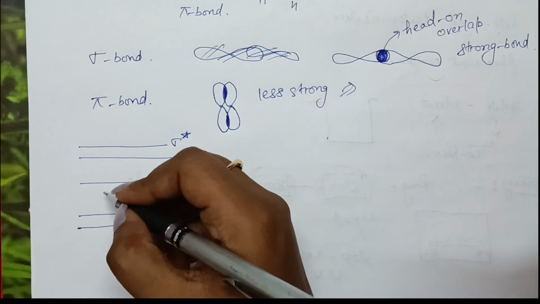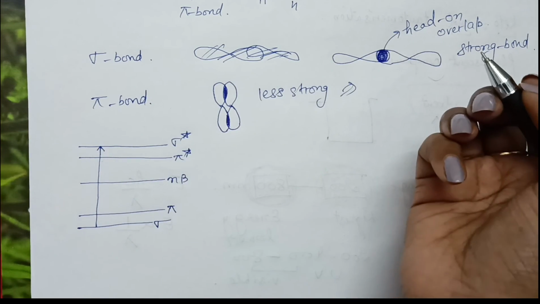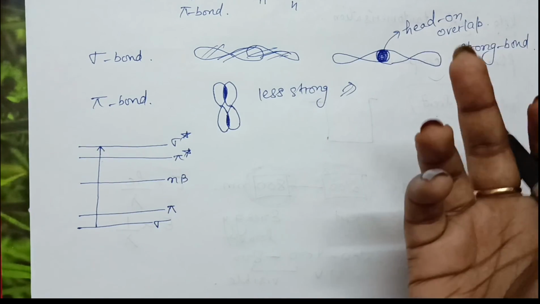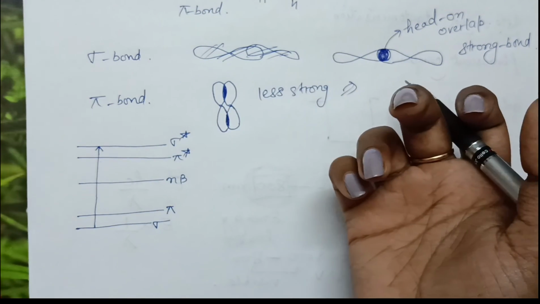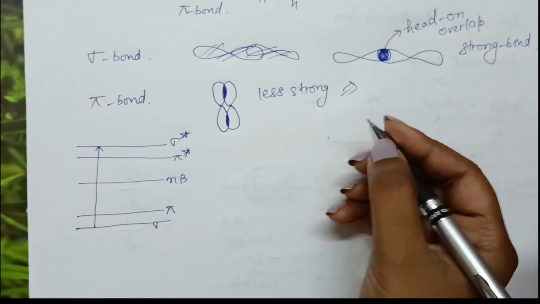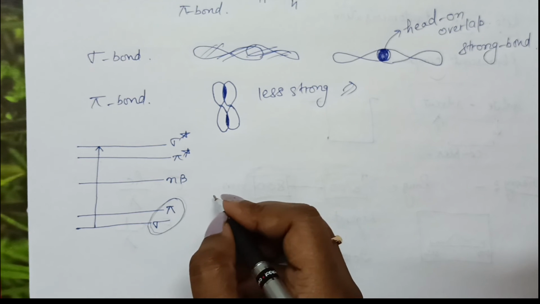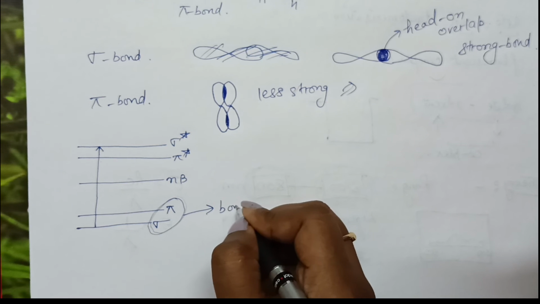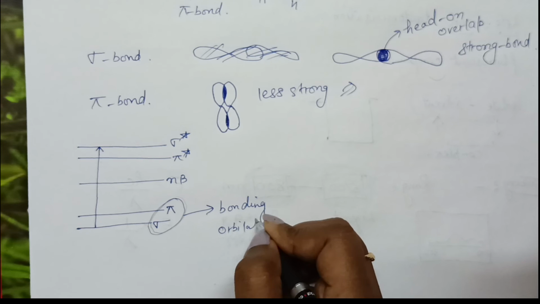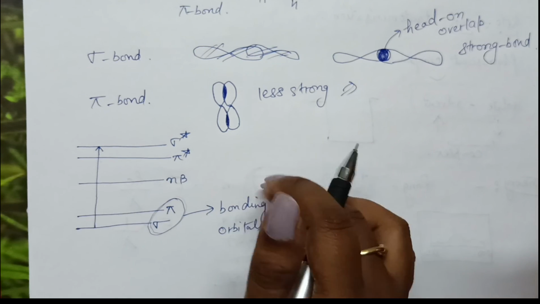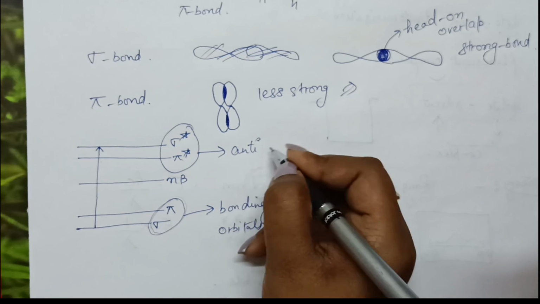You will see here the energy gap is highest between sigma and sigma star, because the sigma bond is very strong in nature. Here sigma and pi are bonding orbitals, these are non-bonding, and these are anti-bonding orbitals.